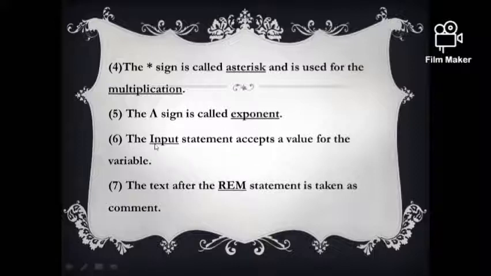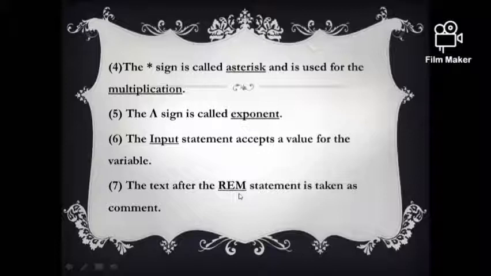Sixth: the input statement accepts a value for the variable. Seventh: the text after the REM statement is taken as a comment. Don't confuse it with RAM, because we have another word, RAM, which stands for random access memory, and here it is REM, which is for remark.